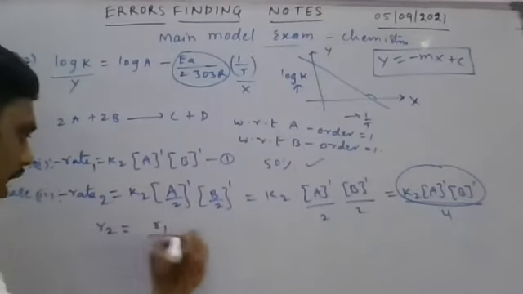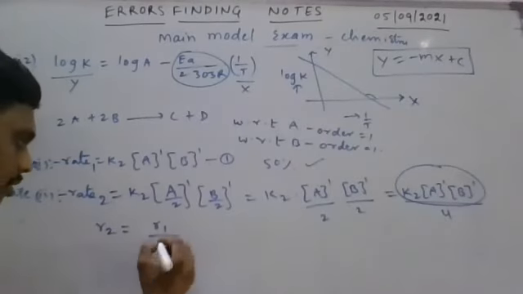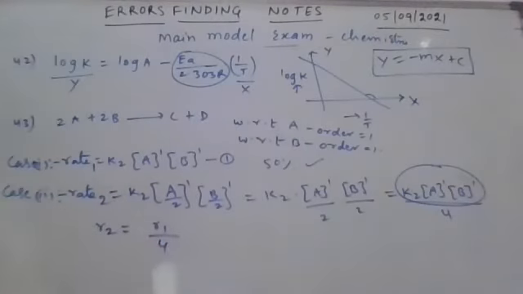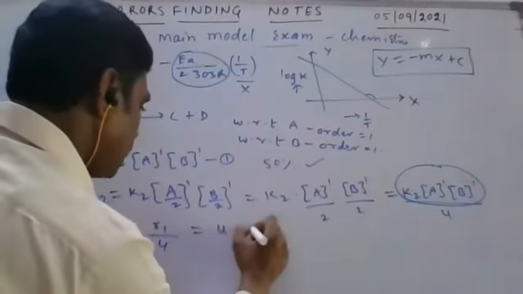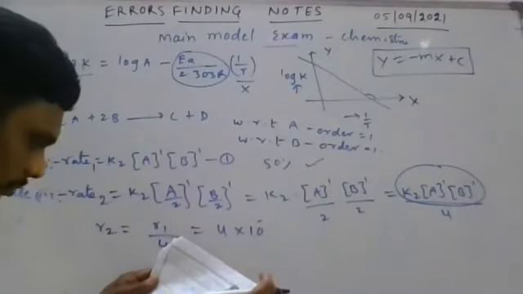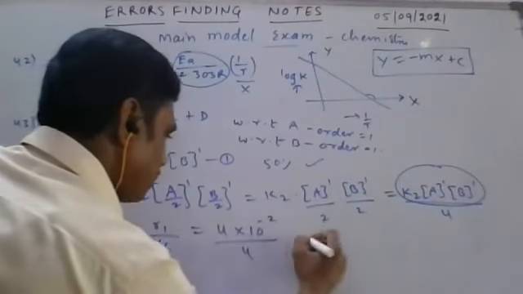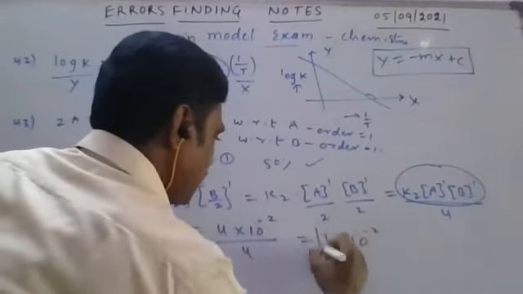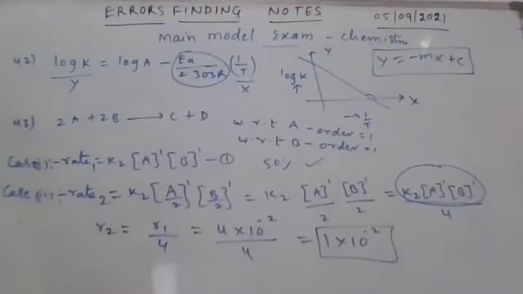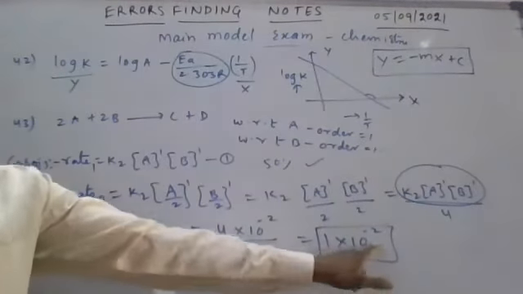So R2 is equal to R1 by 4. Here R1 value is given as 4 into 10 to the power minus 2, divided by 4, that is equal to 1 into 10 to the power minus 2 moles per liter per second.